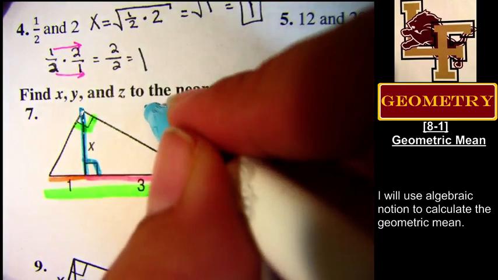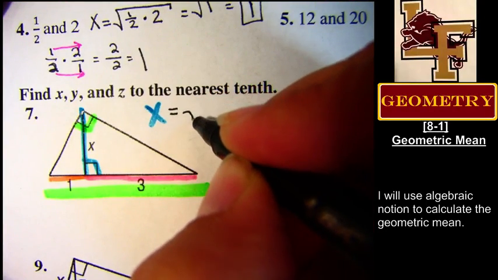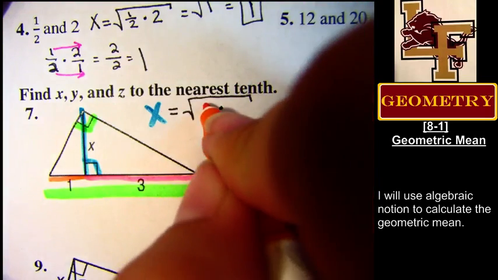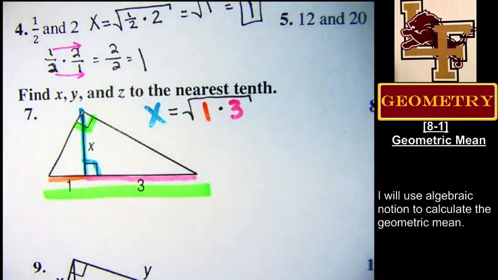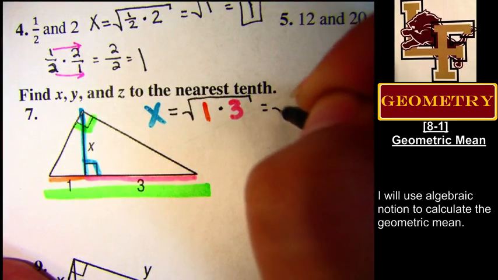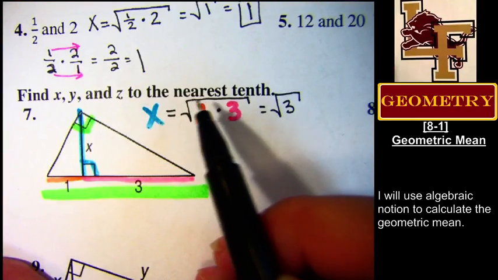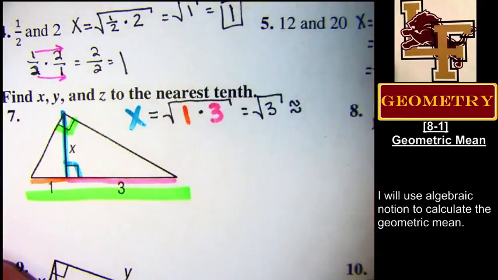The measure of the altitude is the geometric mean of the two pieces of the hypotenuse. X equals square root 3, and the directions say to the nearest hundredth. I get to now put this in my calculator and get out a decimal.